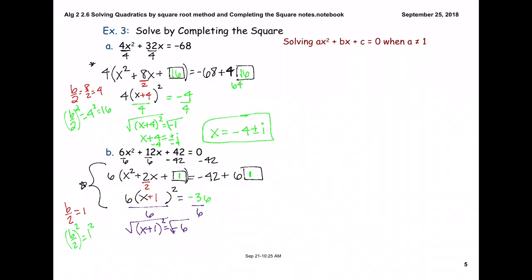Square rooting both sides, so we have x plus 1 is equal to plus or minus square root of negative 6. Square root of negative 6 simplifies to plus or minus i root 6. The inverse of adding 1 is subtracting 1. So our solutions to this quadratic equation is x equals negative 1 plus or minus i root 6.